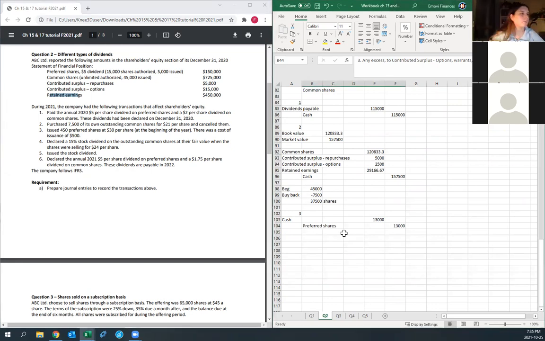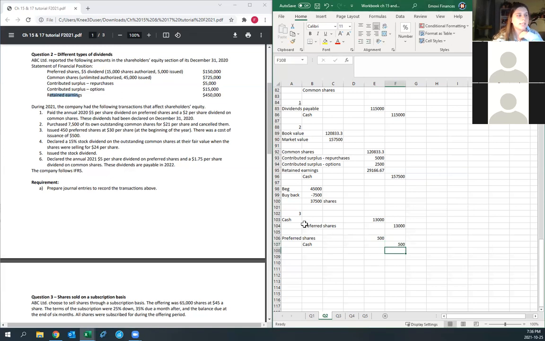All right, so I think I was done with requirement 3. If they say that they didn't issue anything and they just give you that they had a cost of issuance, then you would have done preferred shares to cash for $500. I did it all in one transaction because it was easier.